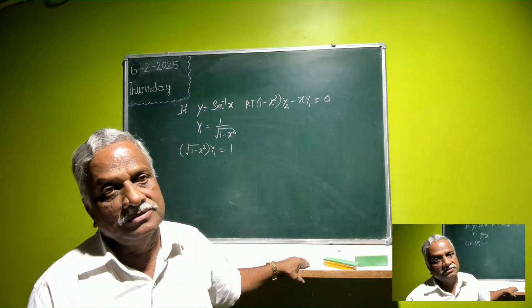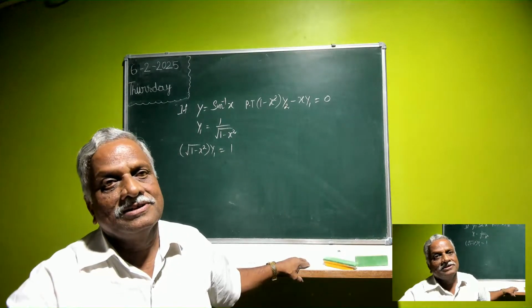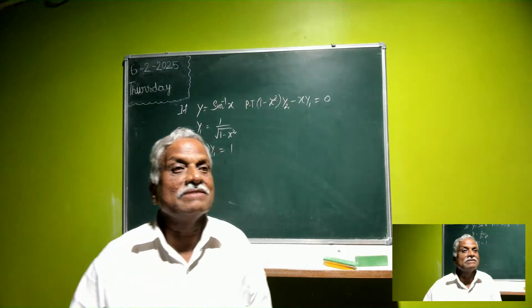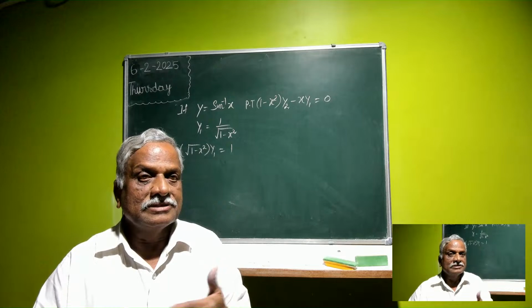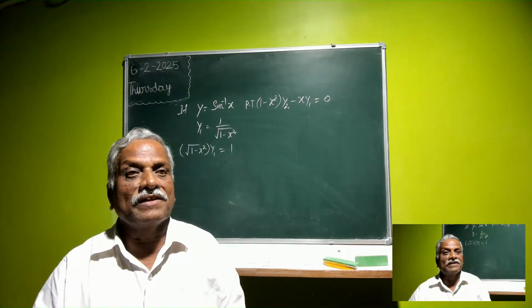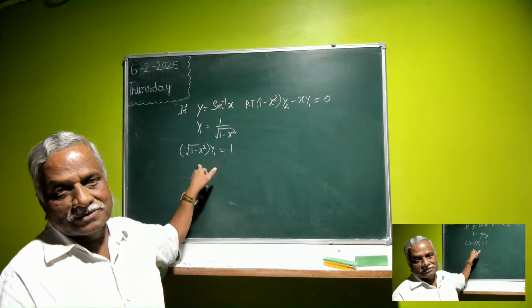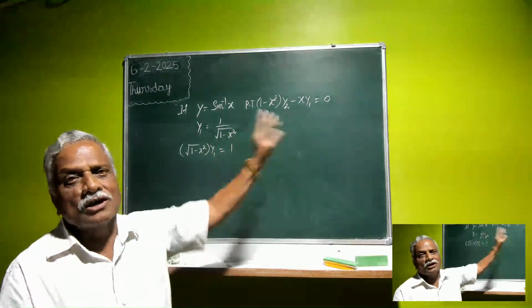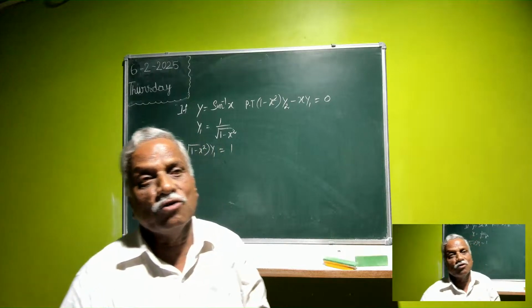How do I know? My teacher taught me. How does your teacher know? So some of the methods in mathematics are circulated from one level to another level. Supposing if you don't use this method, cross multiplication, and use the normal method, 1 minus x square to the power of minus half, things become very complicated.